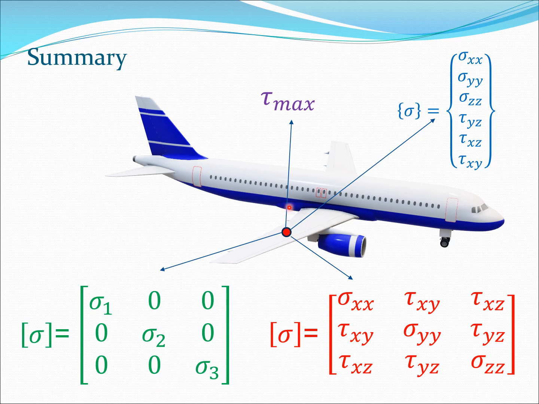But also there is one more condensation or reduction that you can do, and that is by getting tau max, and tau max is dependent on sigma 3 and sigma 1. So once again, the values of sigma 1 and sigma 3 can be found, that is the maximum principal stress and the minimum principal stress, and by subtracting them and dividing by 2 you can get the value of tau max, which you can use in the Tresca failure criteria.